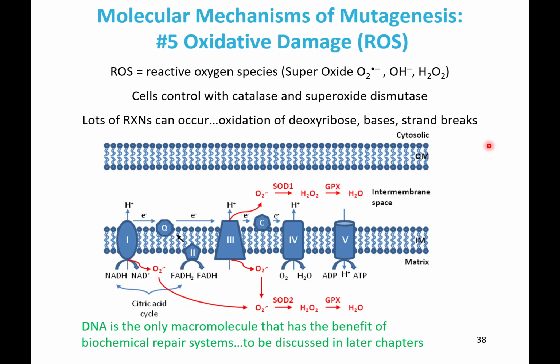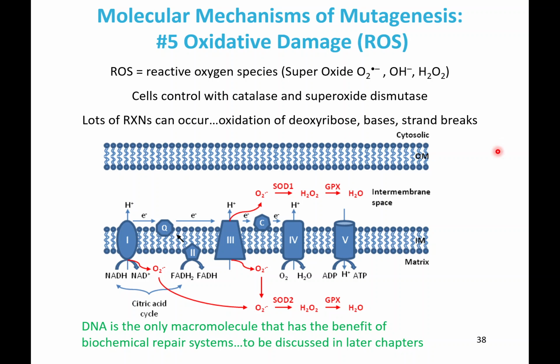When we looked at deamination, there were some very specific reactions in that process. But with reactive oxygen species, it's not really specific things. It can react in so many different places in your DNA. And so it's hard to have a cellular mechanism to repair that DNA once those things happen, because there are so many different places for the superoxide or reactive oxygen species to react.